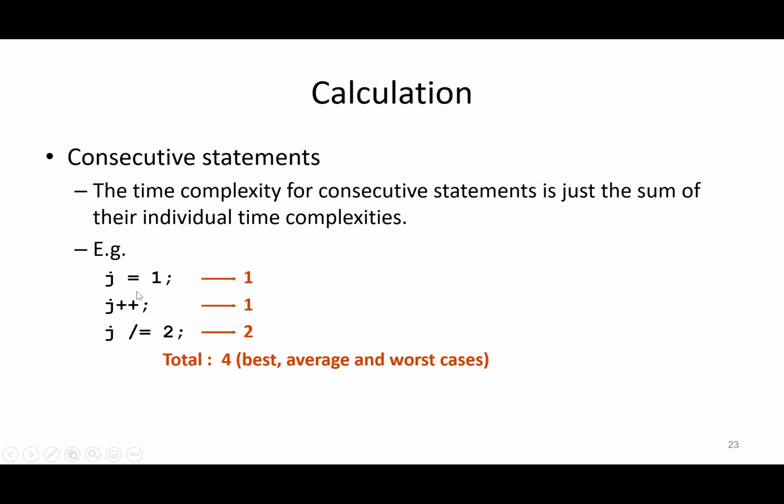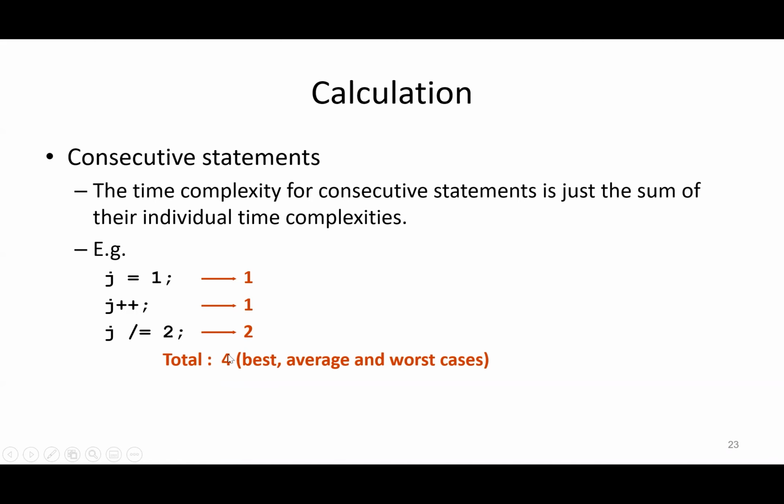For example, if you have an assignment, this will take one step. j++, an increment operation, is also one. j /= 2 is actually j = j / 2, so this will take 2 steps: one step for the assignment and one step for the division. So if you have these 3 statements in your code, this will be calculated as 1 plus 1 plus 2, so 4.